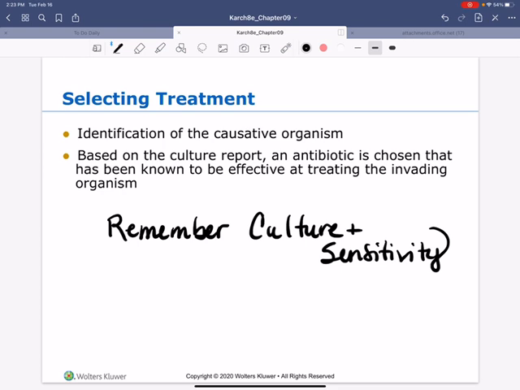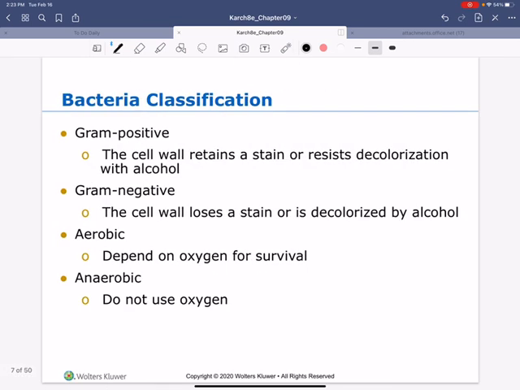Selecting treatment, we talked about already. Culture and sensitivity is really important. When we can get a culture and sensitivity, we need to get that done, because then that will base our treatment off what the bacteria is and the sensitivity results, which will tell us which antibiotic is more efficacious for that specific bacteria. Bacteria classification, we have gram-positive, negative, as well as does it require oxygen or no oxygen.